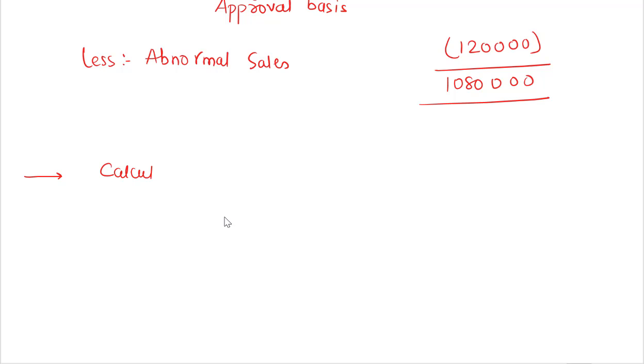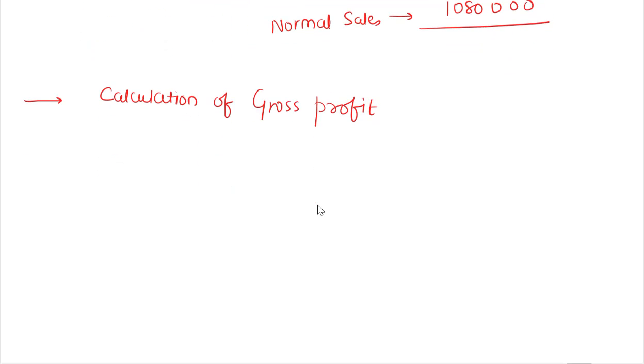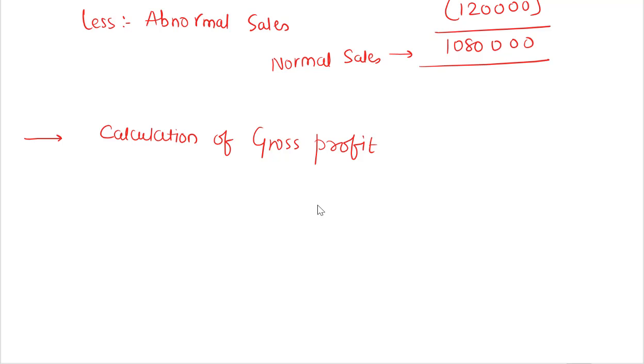Right, calculation of gross profit. So this 10,80,000 is the amount of normal sales, and we need to calculate gross profit, which is 20% on sales.